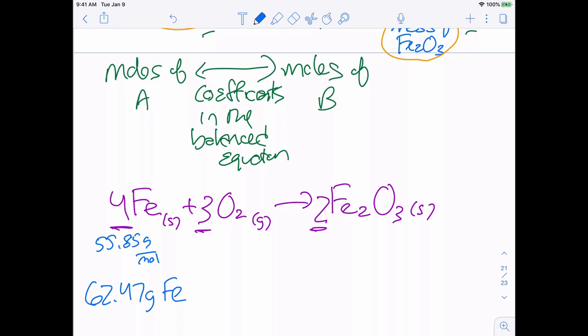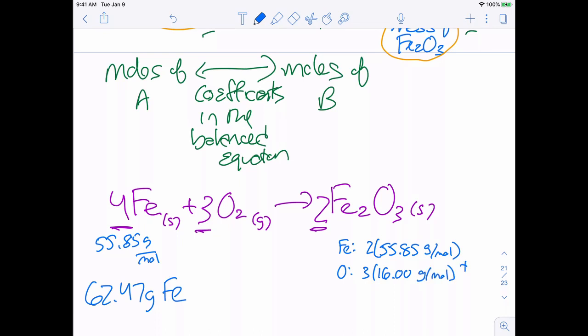We do need the molar mass of my compound here, so that's going to have 2 iron. Remember, when we're figuring out the molar mass of a compound, it's the sum of the molar masses of all of the atoms in that compound. Oxygen, I have 3 of them. And again, I'm rounding it to 2 digits after the decimal point.